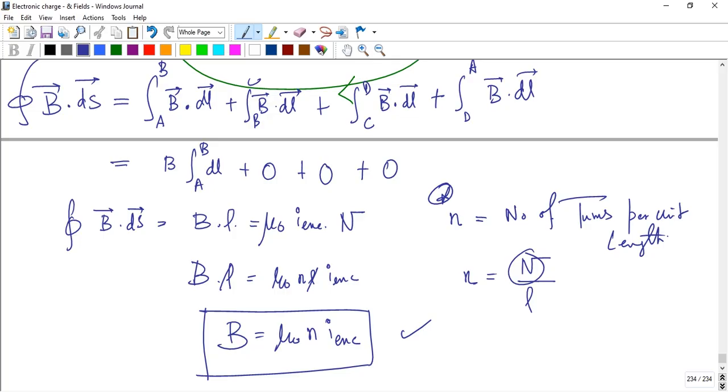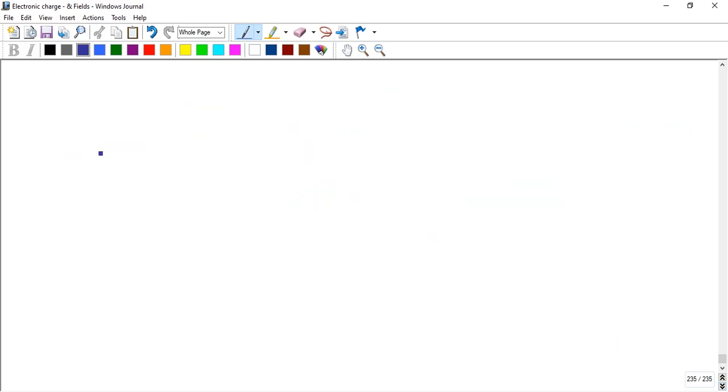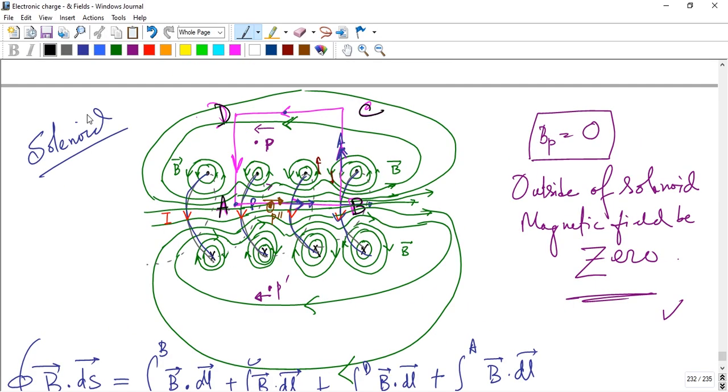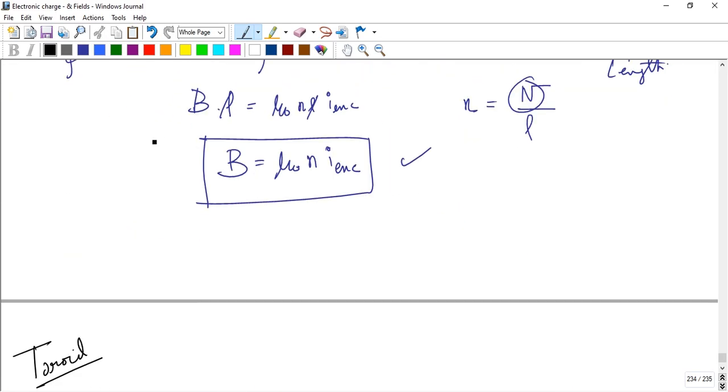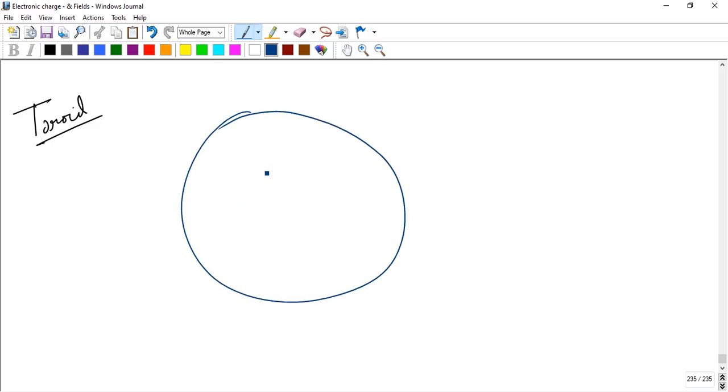Next we discuss the toroid. A toroid looks like a donut shape or ring.